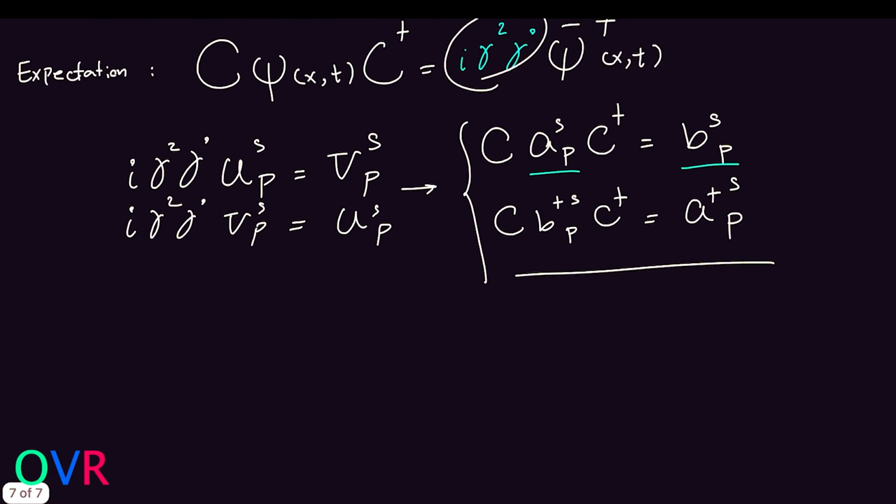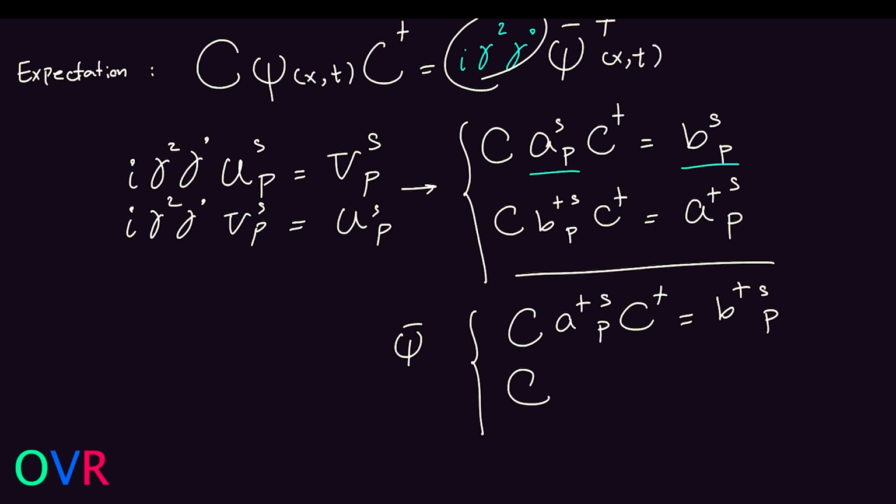For the case of psi bar, C a dagger s p C dagger is equal to b dagger s p, and C on b of s p is equal to a of s p. So this is how you can cover all of them. Now this was about charge conjugation, and now let's talk about CP violation.